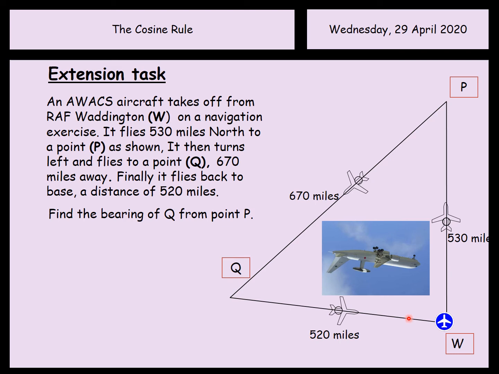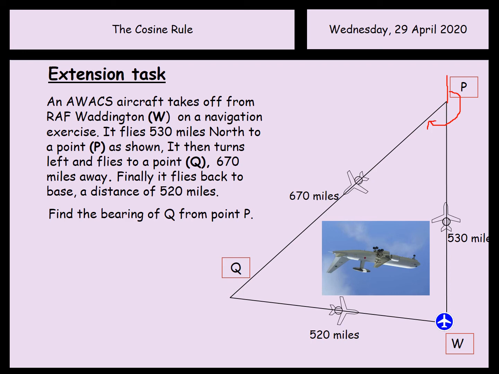Find the bearing of Q from P. So what we're being asked to do is to work out the bearing of Q from P. So what you are actually going to do is draw your north line in, and remember we go clockwise round. We're trying to work out all of this bearing here.